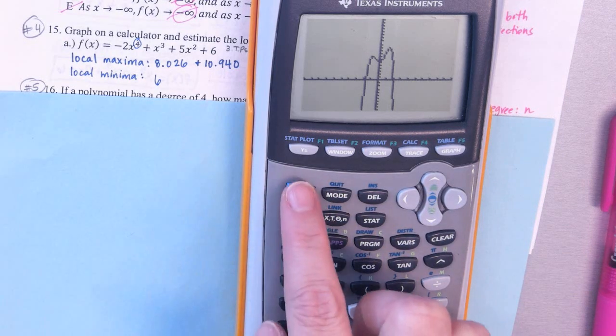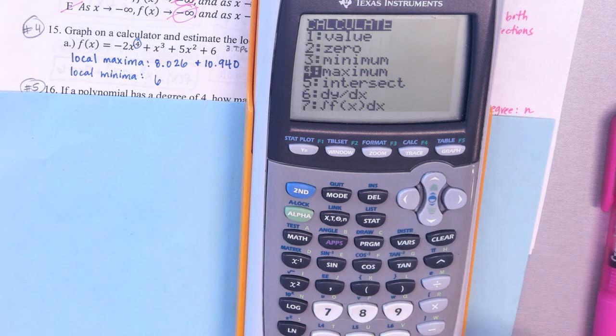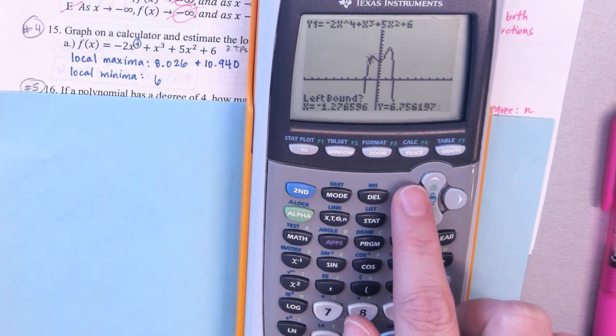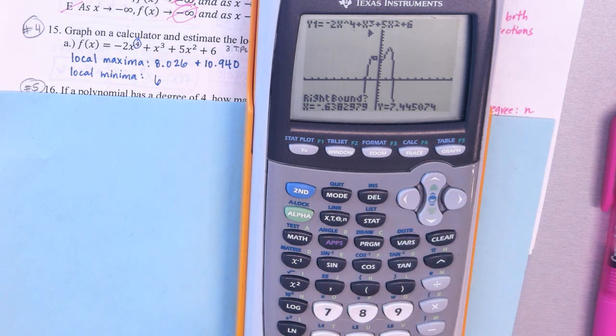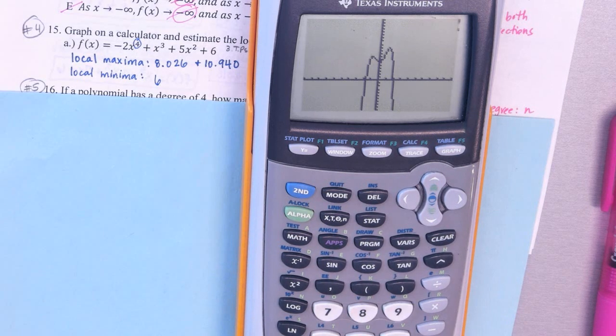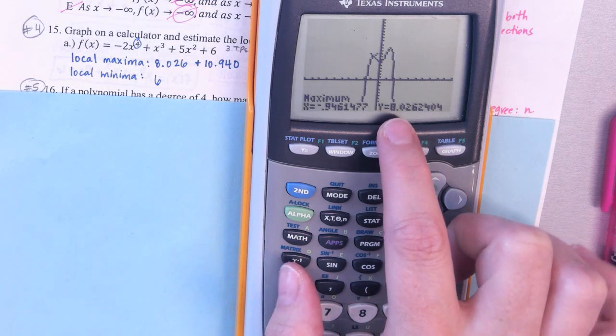Okay, and then you go to second calc. To find the maximum, you're going to do this twice. It's asking you for a left bound, so you go to the left of that turning point, and then to the right of the turning point, and try to get right on that local maxima, and this is where you'll round.